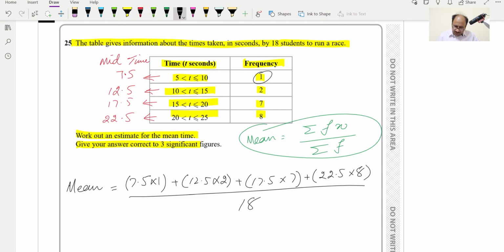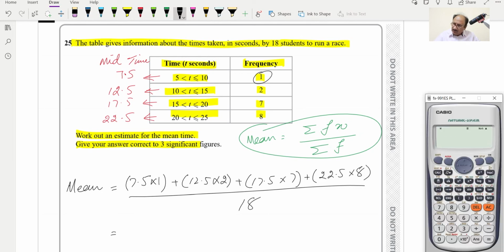So we can simplify and write in fractions: 7.5 into 1, and plus next will be 12.5 multiplied by 2.